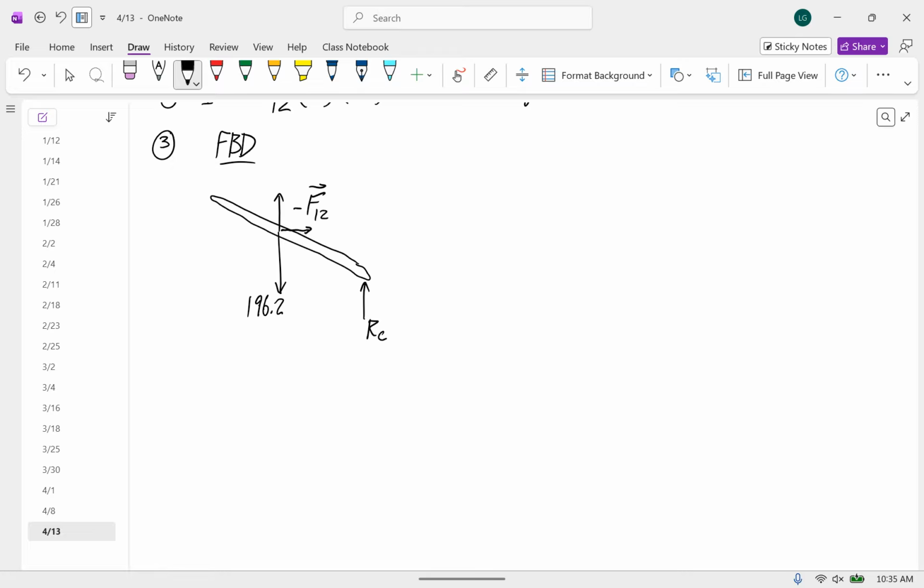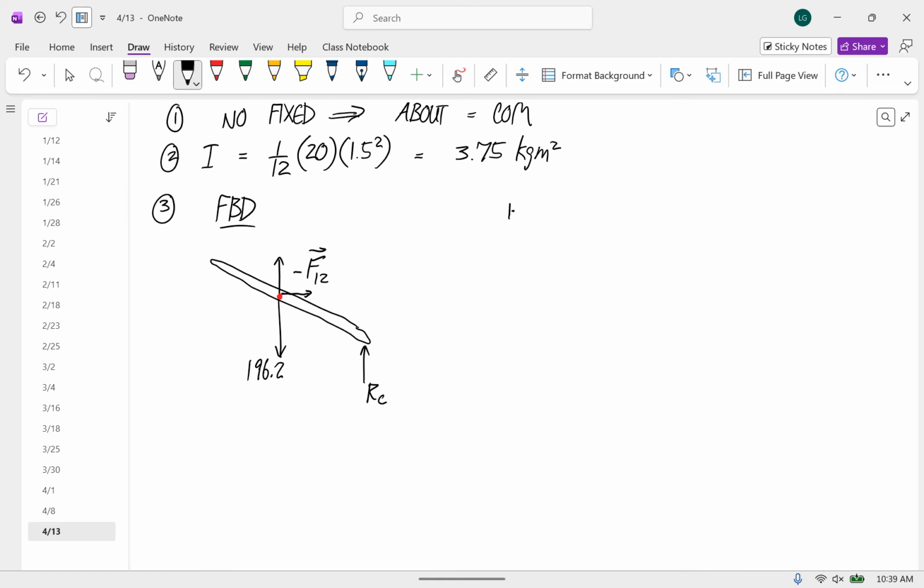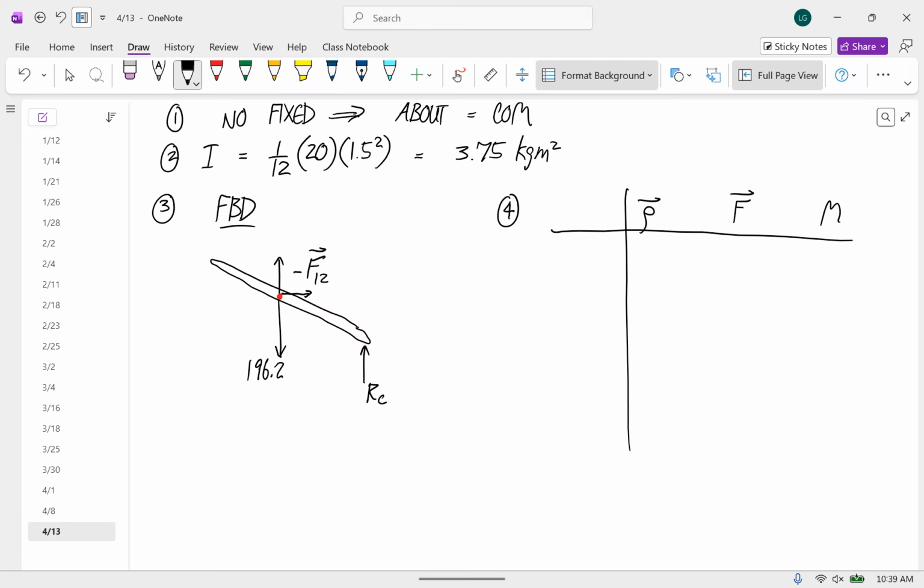Okay, so keep going. For the table, our about point is the center of mass this time because there's no fixed point. I'll start with this force negative F12.